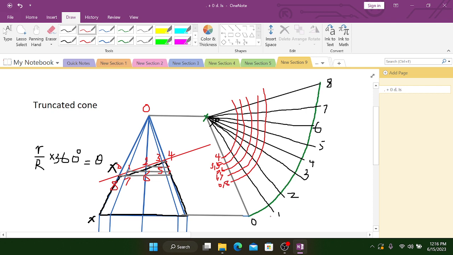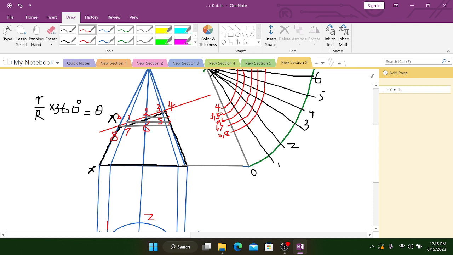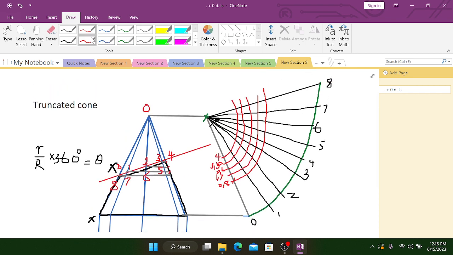So now we know 0 and 0. This one is 1 point. And 1 and 1, this one 1, no? So 2 and 2, this one is 2, 6. So from 2, this one. And 3, this one.